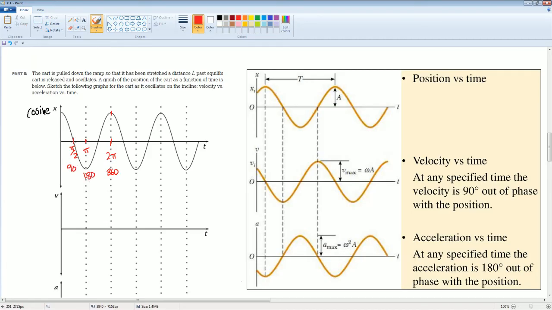So it starts here. You're just going to do a horizontal shift. It should start here for the velocity graph. So start down, exactly like this, down, then goes back up.